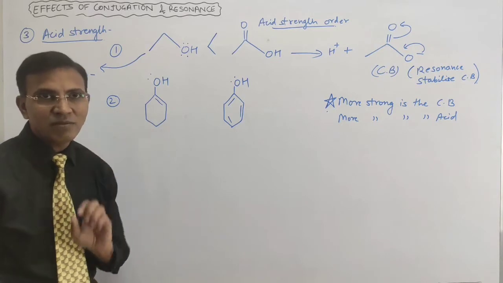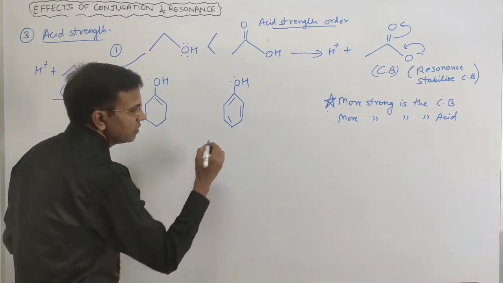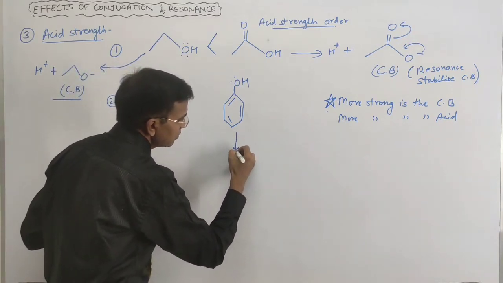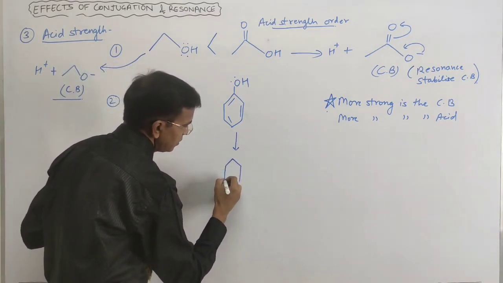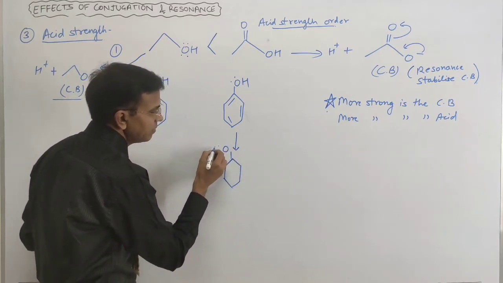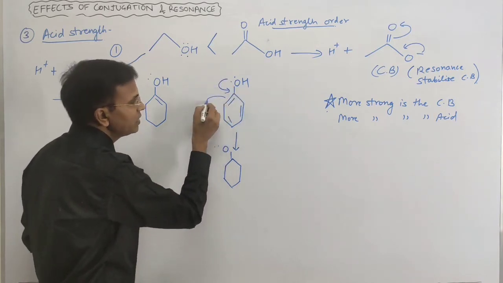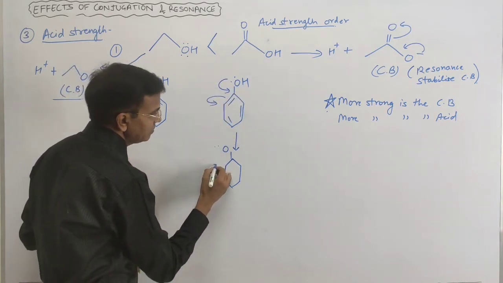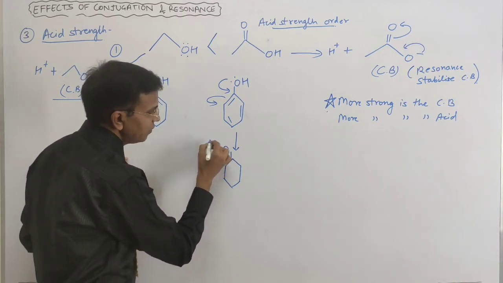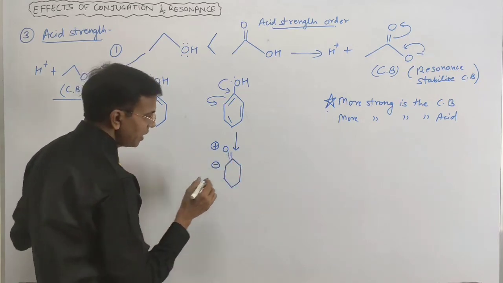Both are resonance stabilized, but in this species, if you write the resonating structures, it will have phenoxide, these pi electrons, lone pair movement takes place, and this becomes the negative charge, right? And here comes up a positive charge, double bond, right?